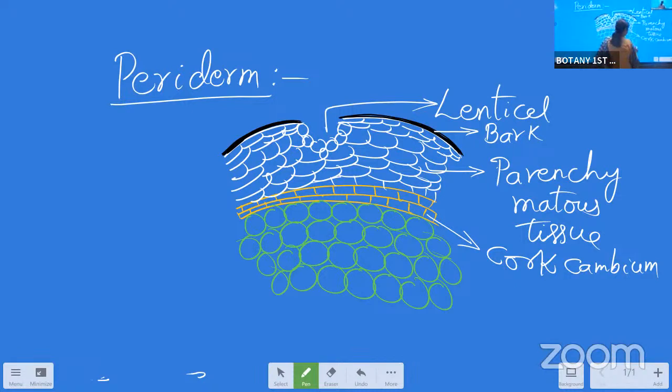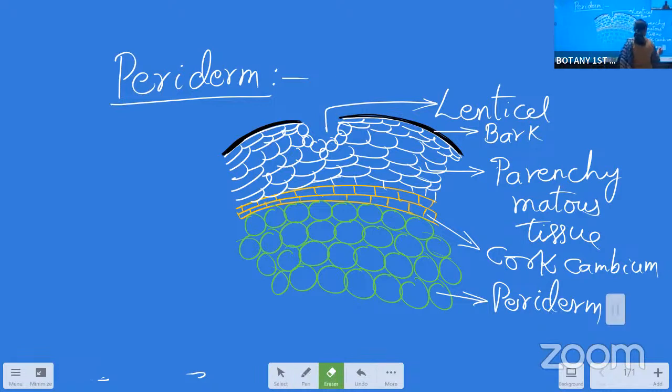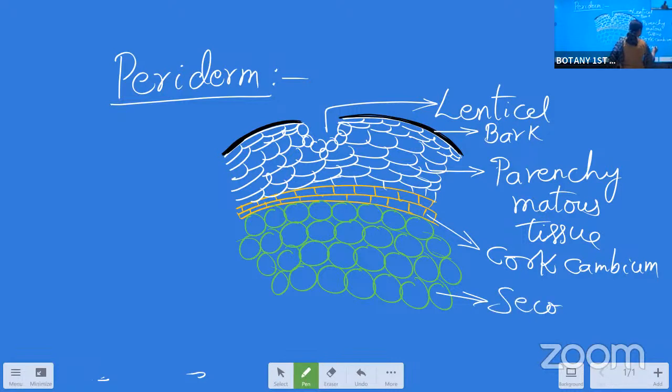And below the cork cambium is the periderm. Okay, so here what we'll say, sorry, it's not the periderm, it's the secondary cortex. We'll call it the secondary cortex.